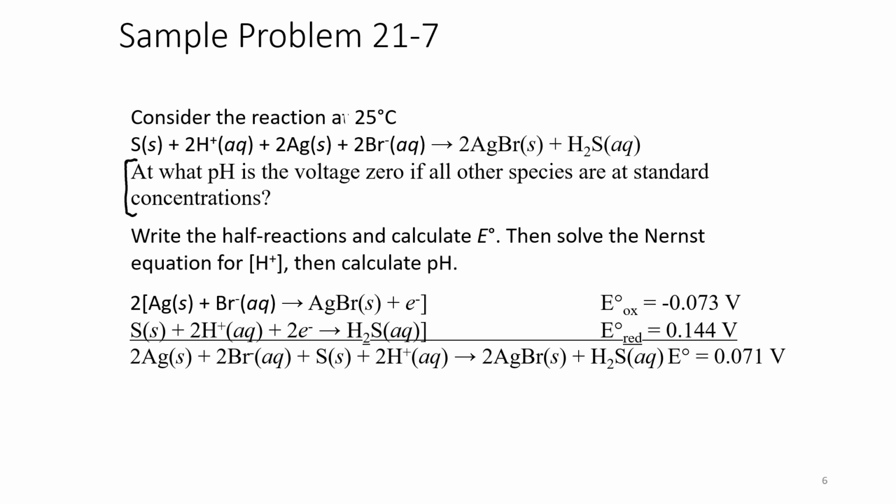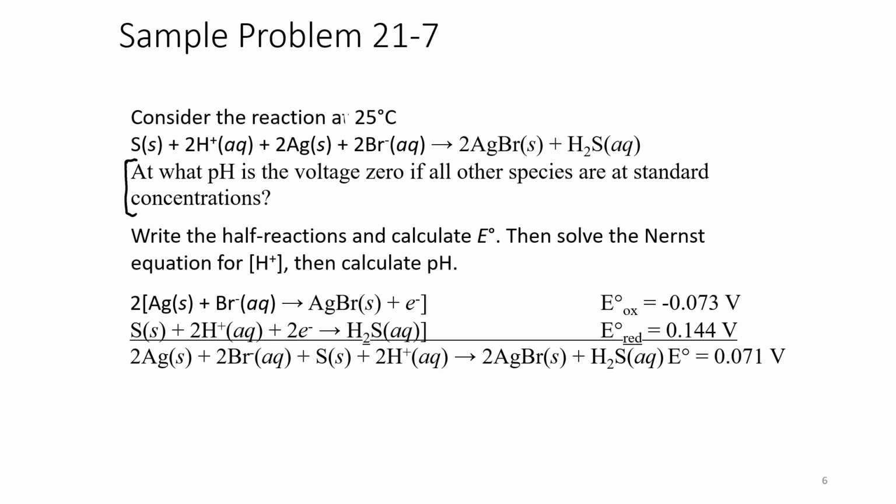Double check on the bottom: I have 1, there's no coefficient out in front of the whole thing, times 2 electrons is 2 electrons. So that's going to be 2. And then we've got the natural log of the products, so H2S concentration divided by our bromide ion concentration squared times our H plus concentration squared as well. So that's our Nernst equation.